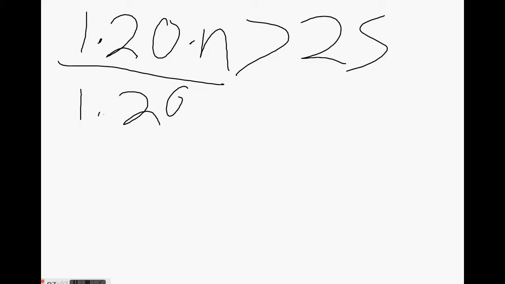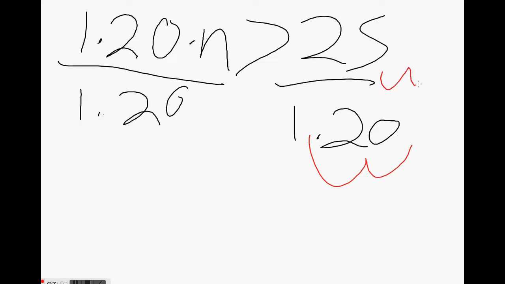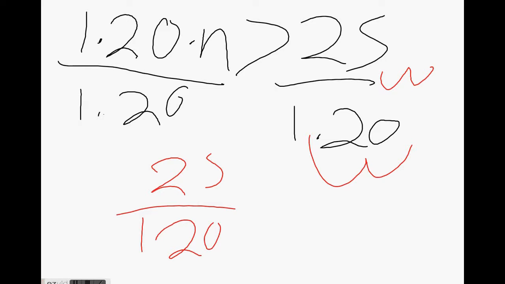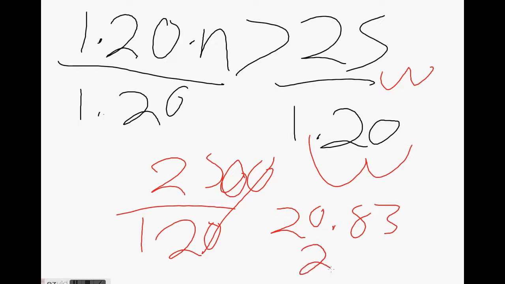So we have to divide both sides by 120. You really can't divide that, so you should move this 2 decimal places to the right. So it becomes 25 divided by 120. These cross out. Let's see here. 12 goes into that about 20.83 times, which is about 21 times.